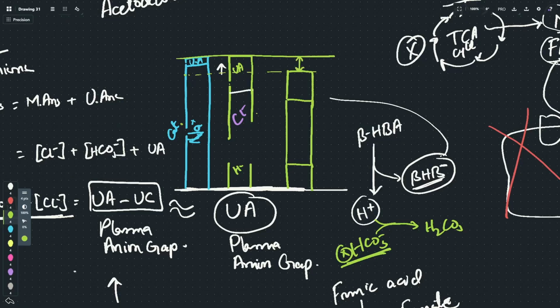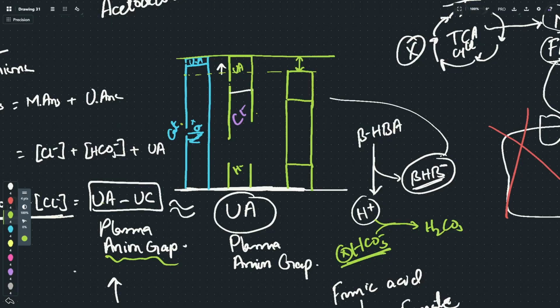The unmeasured anion is not actually a gap. I mean the plasma anion gap, technically, is a misnomer. It is not a real gap. Due to electrical neutrality, there is no real gap between cations and anions. It is a gap in our calculation, or in our lab values actually.